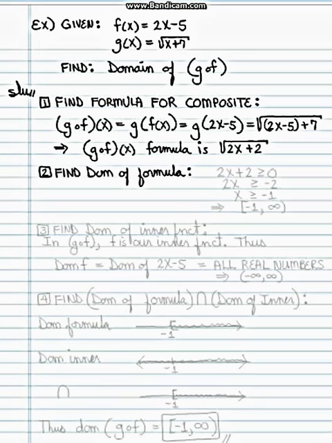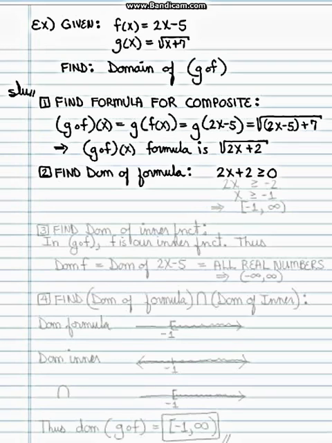Okay, well, the composite formula is the square root of 2x plus 2. And the only restriction we have on x is we are not allowed to have x values that make the radicand negative. In other words, the expression under the radical sign has to always be greater than or equal to 0. So we set the radicand 2x plus 2 greater than or equal to 0.